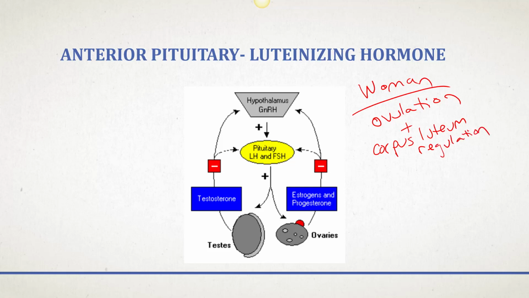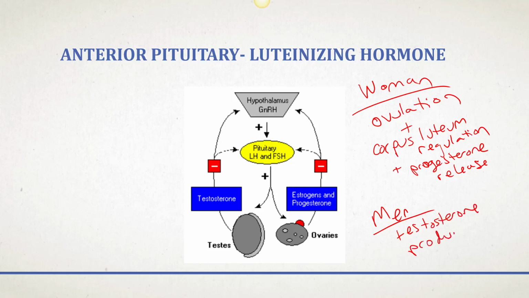In men, the luteinizing hormone is going to stimulate testosterone production. And I'm going to add progesterone release from that corpus luteum just because that's what we just talked about. And then in men, it stimulates testosterone production. So these interstitial cells in the testes are going to produce testosterone, and that's all regulated by the luteinizing hormone.